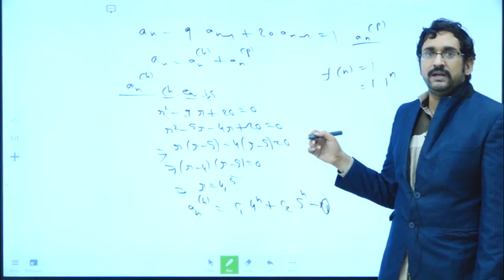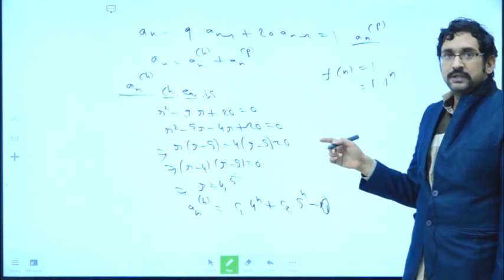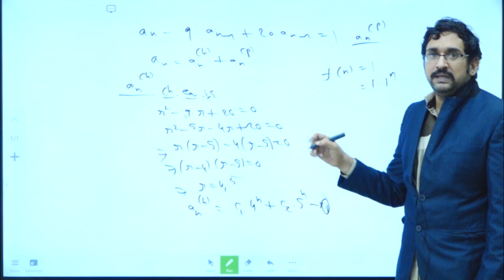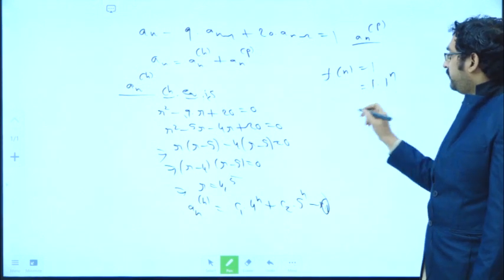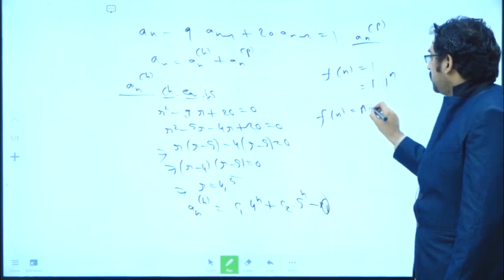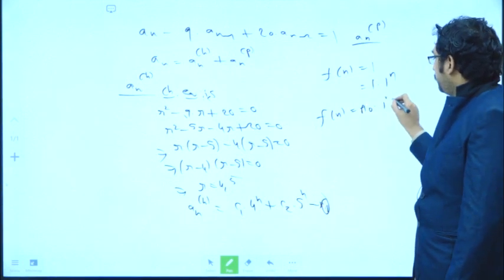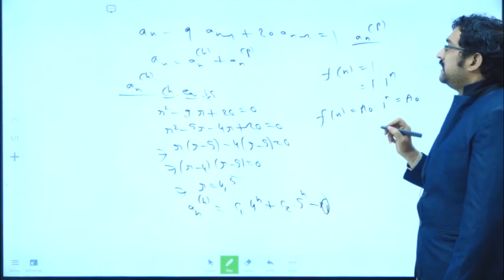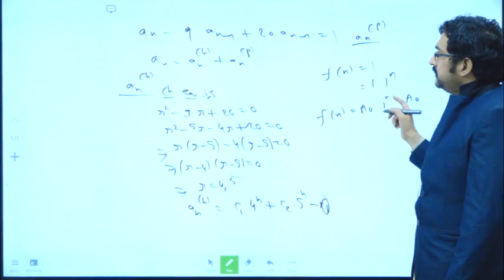If f of n equals alpha into beta power n, and beta is not a characteristic root, then the particular solution will be a naught into beta power n. So by applying that formula, we get a naught into, what is beta here? 1. A naught into 1 power n, nothing but a naught. So we have to compute this a naught value here.